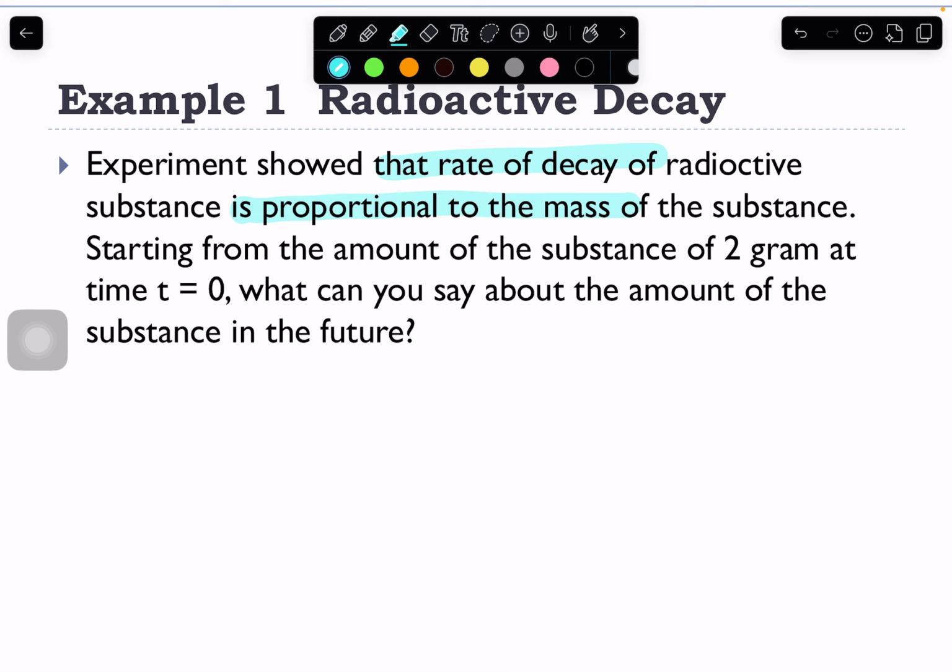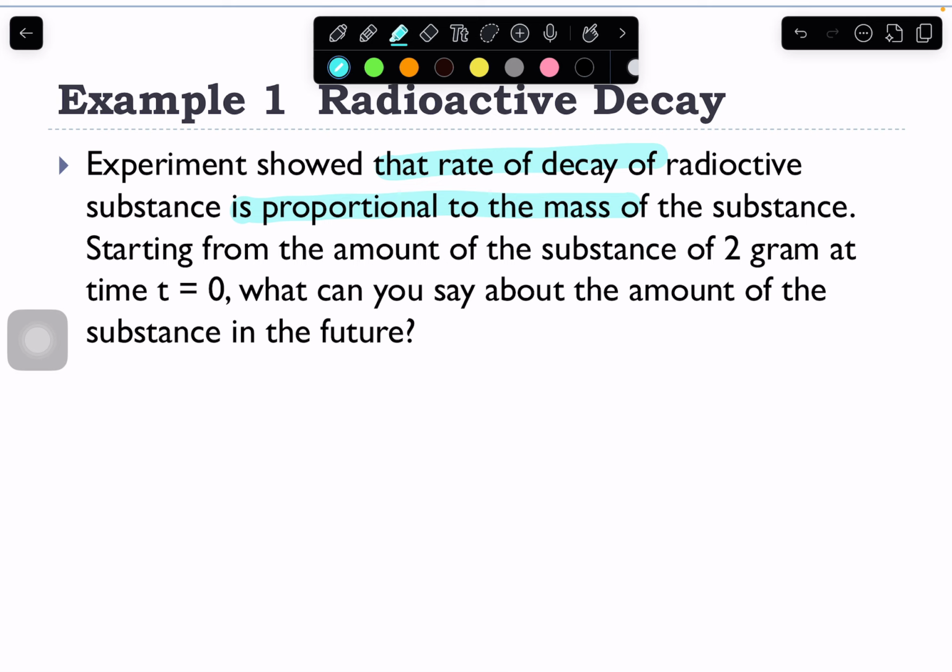Starting from an amount of the substance of 2 gram at time t0, the starting point, what can you say about the amount of the substance in the future? So the problem talks about the radioactive substance.